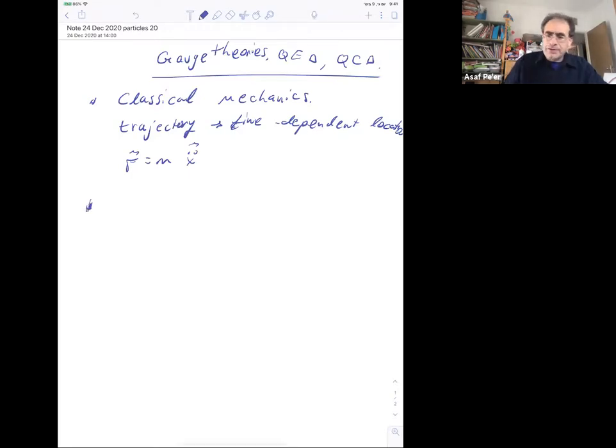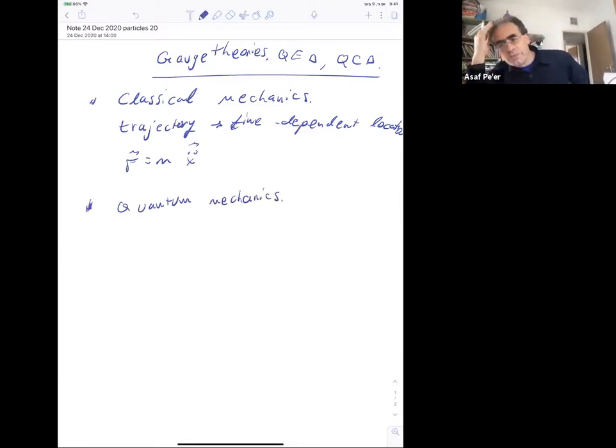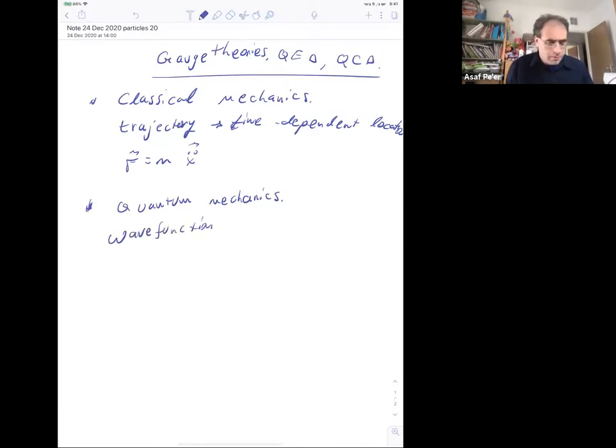Now, the next step that you're supposed to learn, I assume, is quantum mechanics. In quantum mechanics, we treat a particle not as a point-like billiard ball, but as a wave function. The wave function itself obeys a differential equation, which again follows from the kinematics.